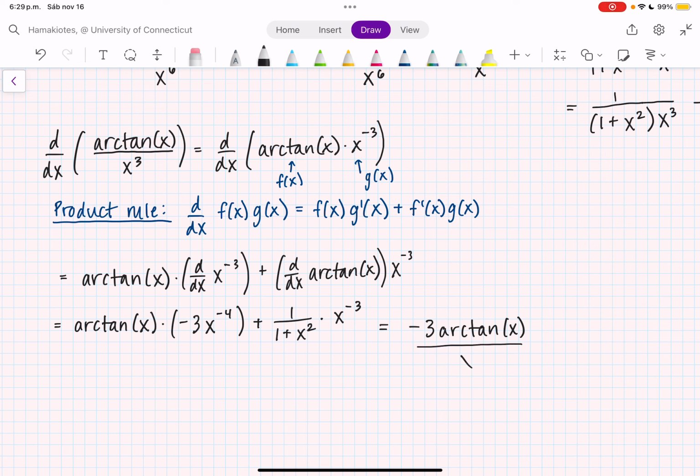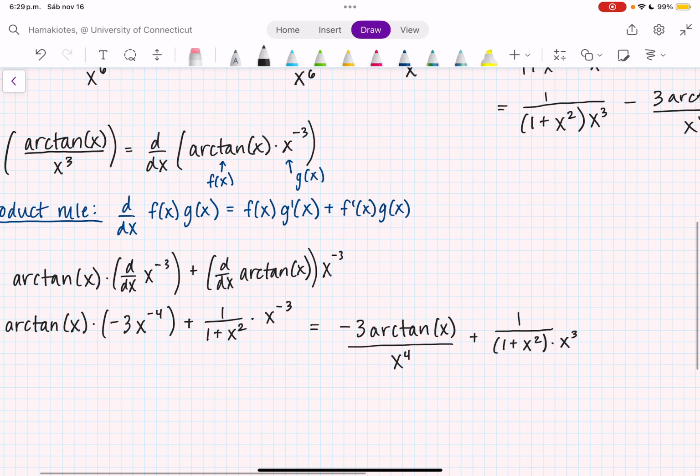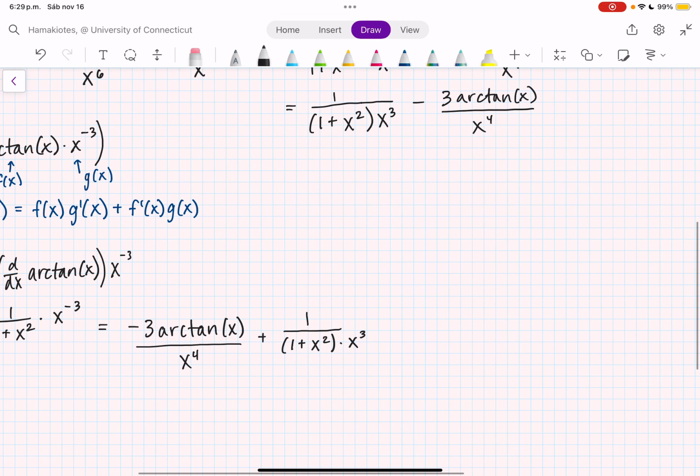So I'll write this like that, and we have plus 1 over 1 plus x squared times x to the minus 3. So I can rewrite that as 1 over 1 plus x squared times x to the 3 in the denominator. Now, if we look at these, it's a lot easier to see that they are equal.